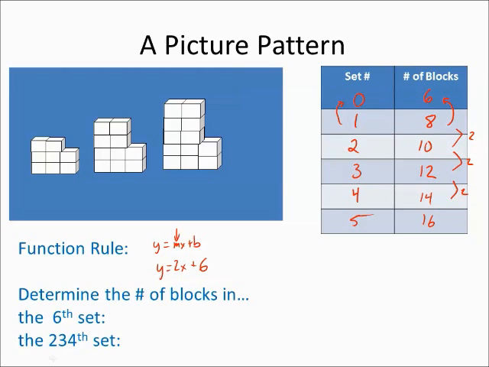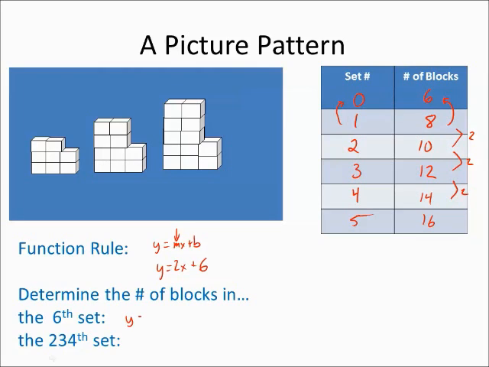Now, just to check that out, let's try one of the ones that we've done, set 3. If I put 3 in for x, then it would be 2 times 3, which is 6, plus 6, which is 12. So it looks like it's working out okay. Now, using this function rule, I can determine the number of blocks in the 6th set or the 234th set. Why don't you try that? Hopefully you get this.